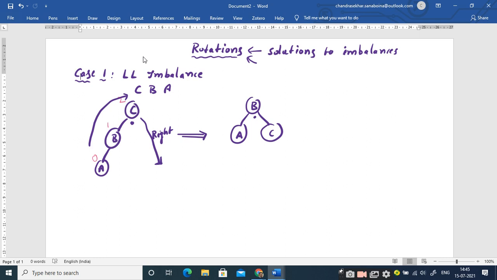Yes, sir. So what is that you are doing here? When you have an LL imbalance, you are pulling the elements towards its right hand side. So you are rotating, not pulling, we are rotating towards its right hand side. So the solution to this LL imbalance is the right rotation.